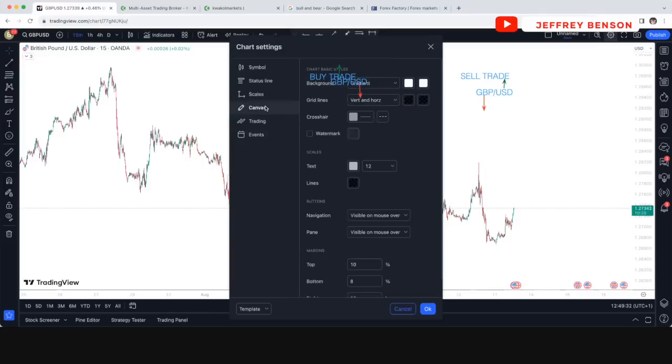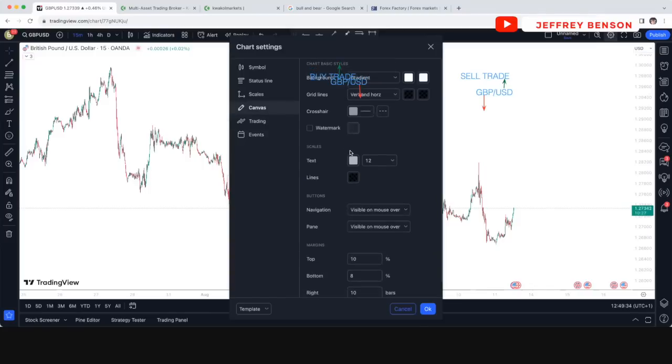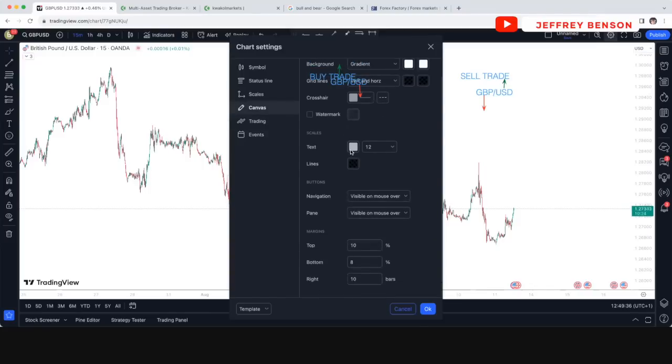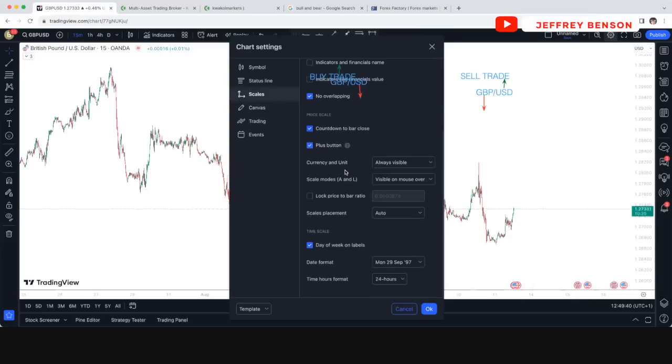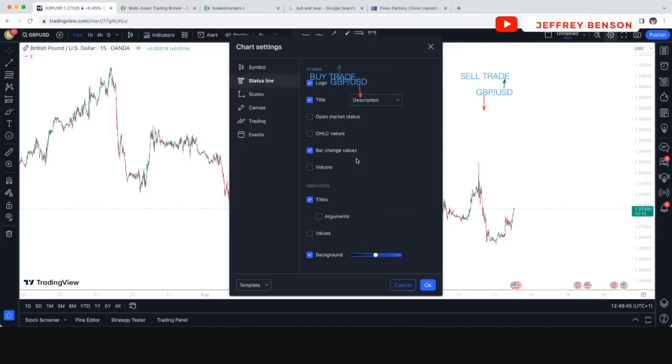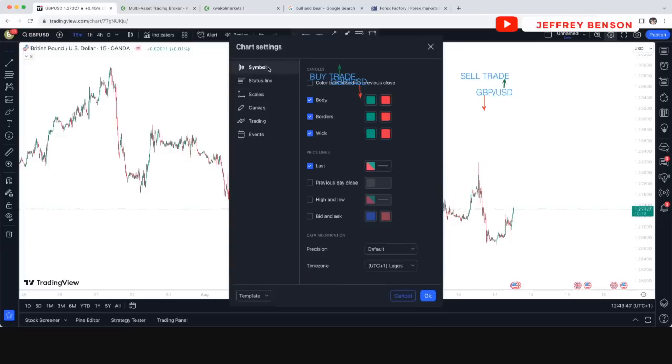If you want your chart to look like mine, copy these settings. This is what I have on my scale, on my status line, and on my symbol. If you want to change your candle color, you can play around with the body, border, wicks, and everything.